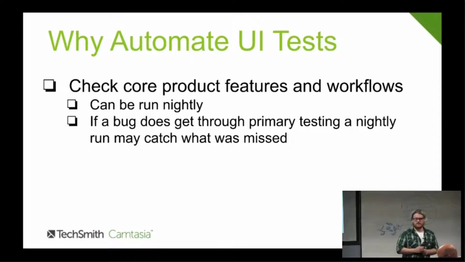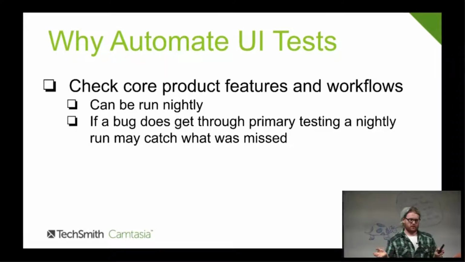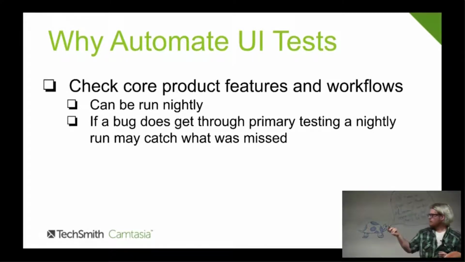Another reason is that you can have constant checking of the core features of your application. These are the features that are in all or most of your workflows and need to always be working. So you can have constant checks on them, especially if you do what we have chosen to do and run them nightly.